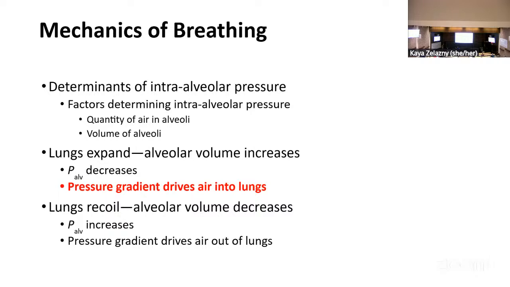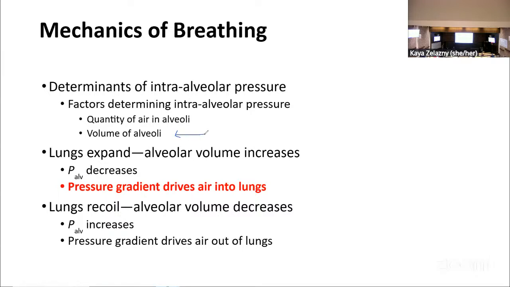So when we think about what is creating our intraalveolar pressure, that PALV, we're going to be thinking about the volume of the alveolus, so the size of the container. And we will also have to account for the quantity of air in the alveoli. So in our ideal gas law just now, that was N.